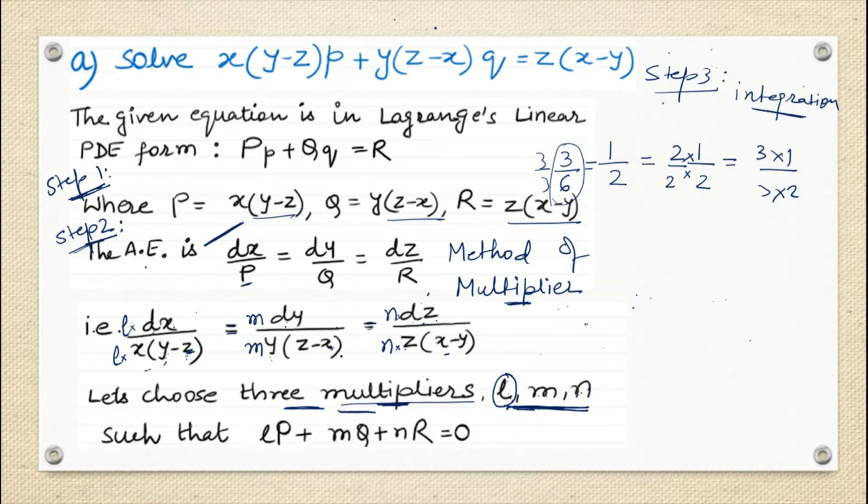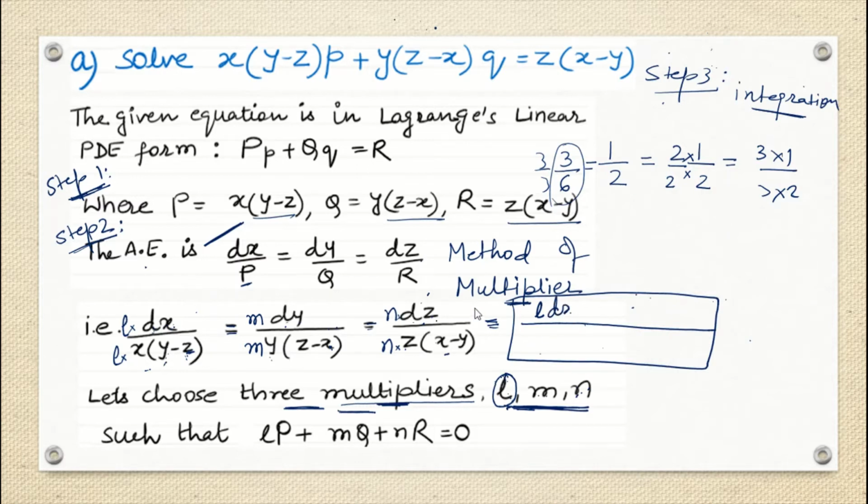So now what is the use of this multiplier? I'm going to write down one more fractional term. With the help of this method of multiplier, I'm going to add one more equal fractional term, and that fractional term will be in a different form. The form will be: in the numerator I'm going to write whatever I have chosen, the first multiplier L into dx.